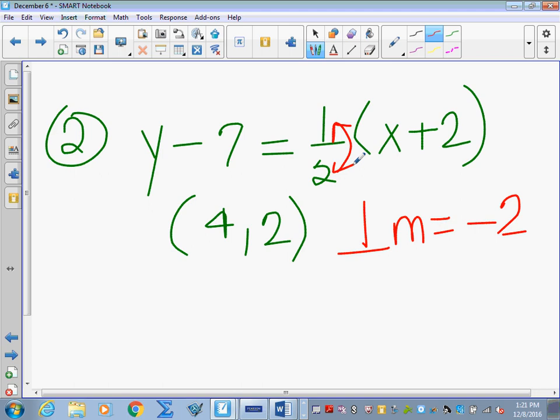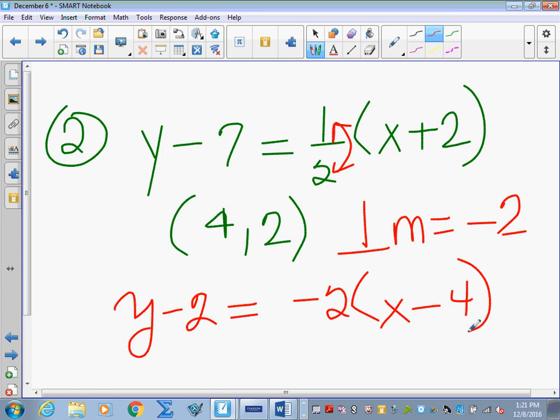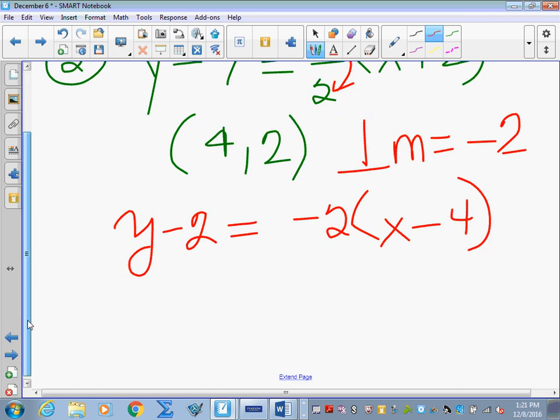Who can put this in point-slope form for me? All right, Hashbrook. y minus 2 equals -2 times x minus 4. Excellent. Now we can go ahead and solve it for y.